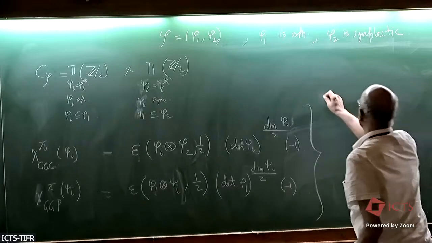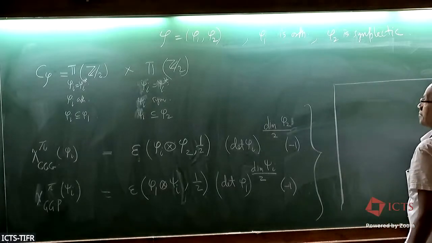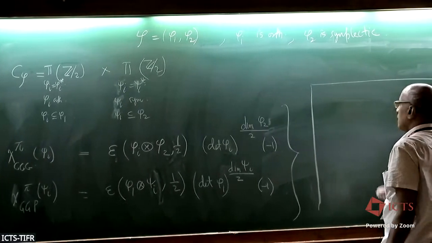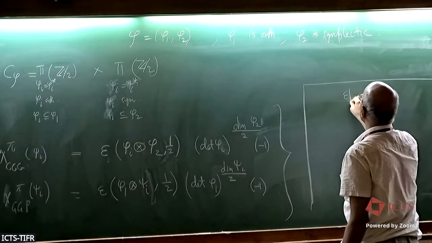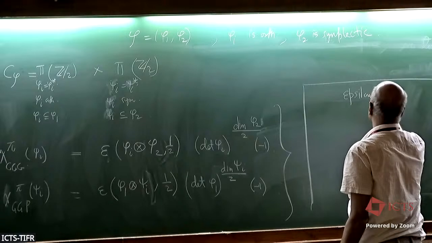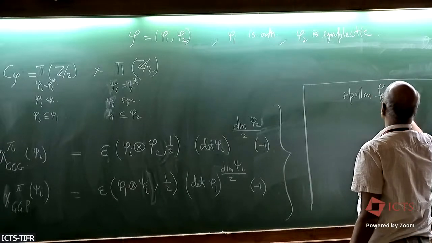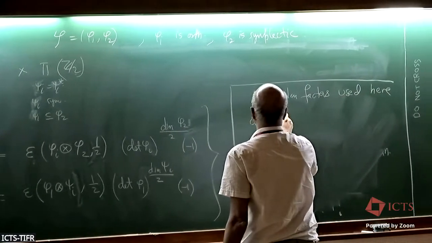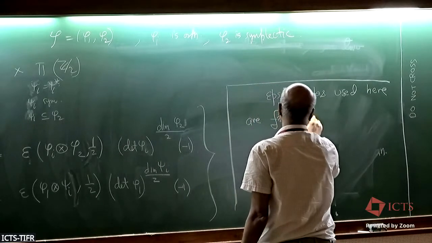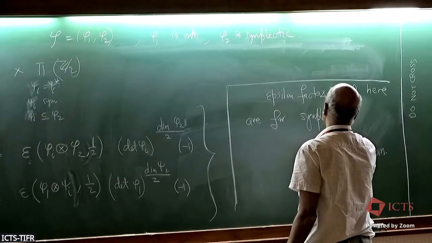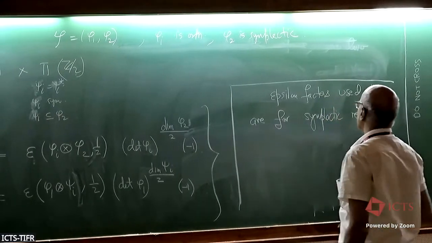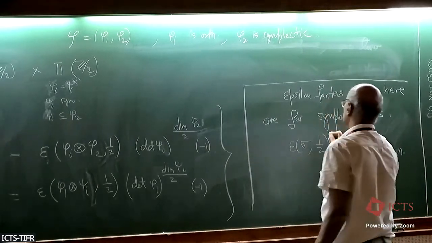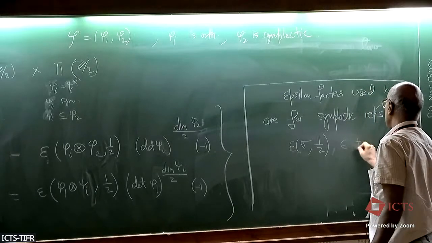So I already mentioned that perhaps I will elaborate a few more details about the epsilon factor next time, but epsilon factors used here are for symplectic representations. So epsilon, let's say, of sigma at half, and this takes value plus minus 1.